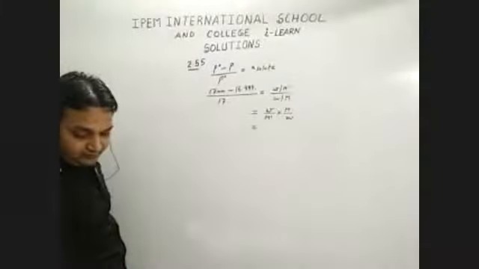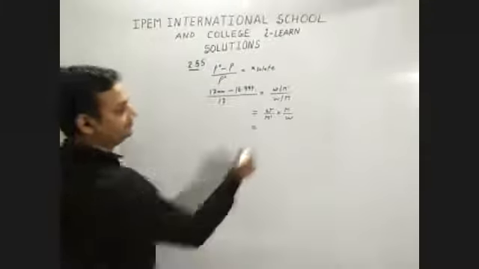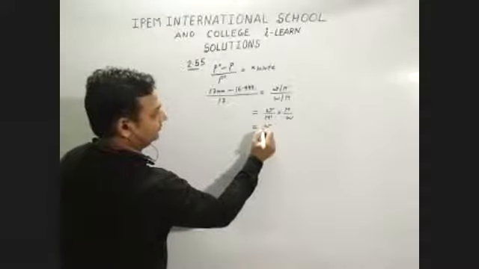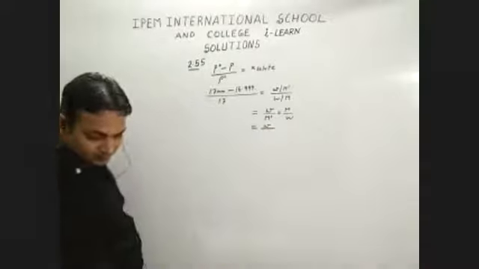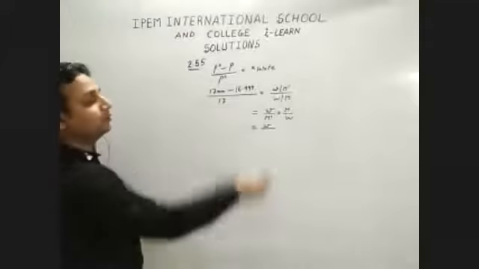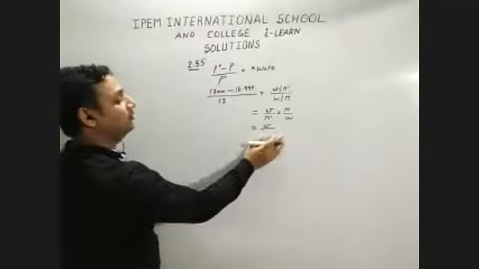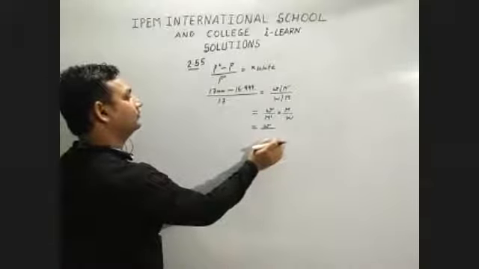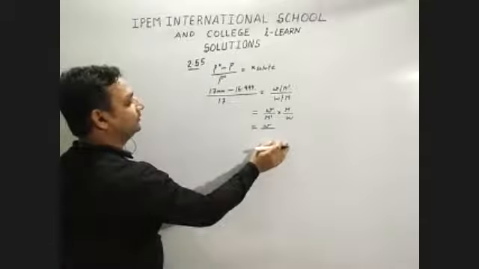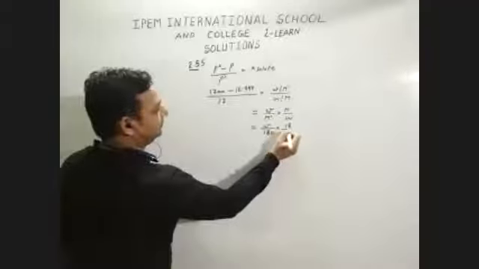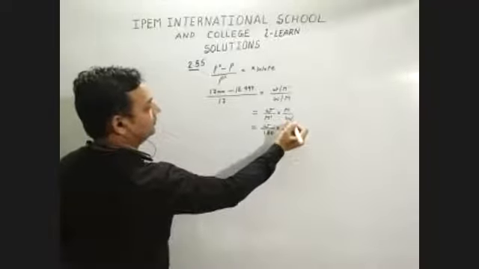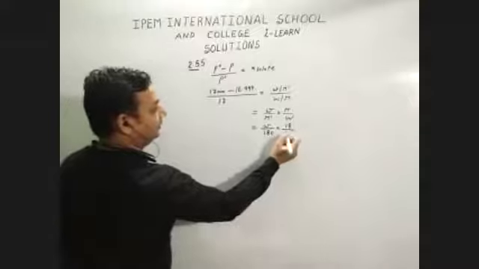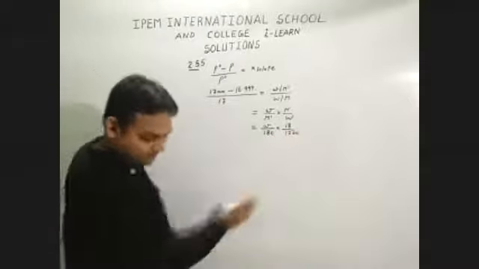1700 gram of water. Glucose they have given, so glucose molecular mass, how much? 180, into 18 upon 1700, I think.